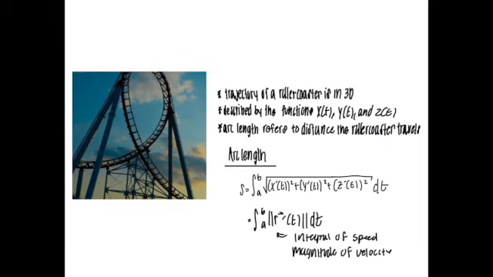To begin with, the track of a roller coaster is usually a curve in 3D space, meaning there is normally an x-axis, a y-axis, and a z-axis.